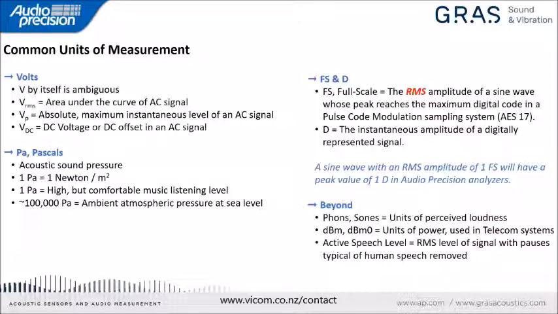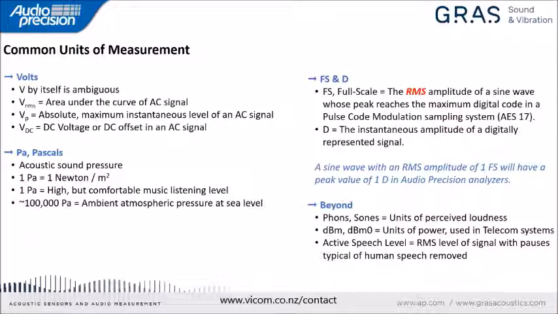The Audio Engineering Society has never defined a unit for the instantaneous amplitude of a system. There is no standard or accepted unit for, for example, a digital DC offset.